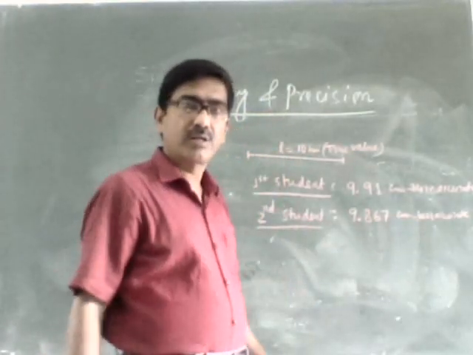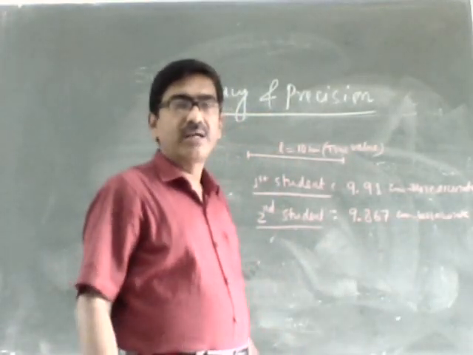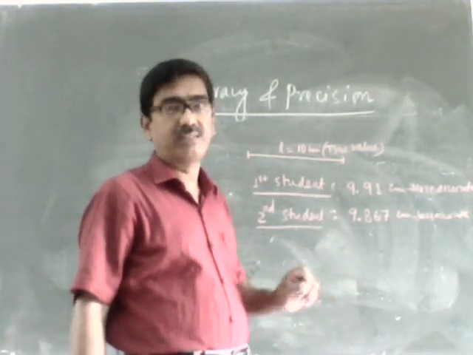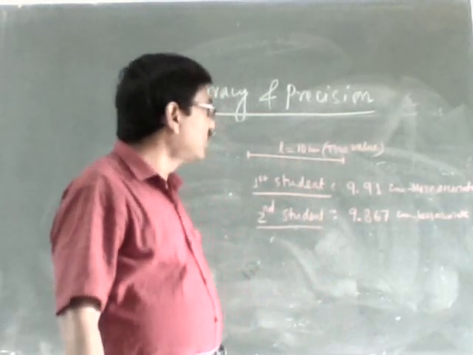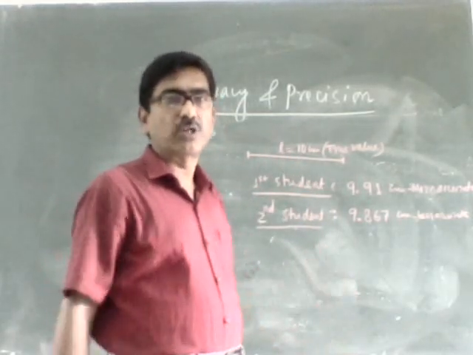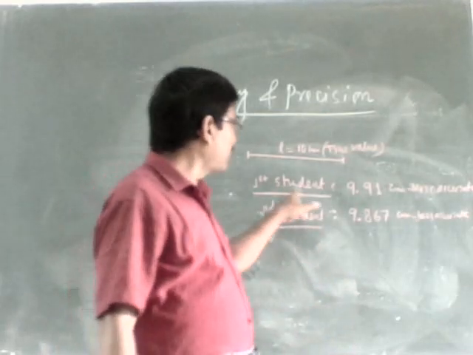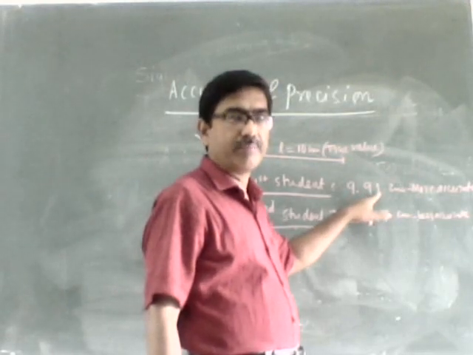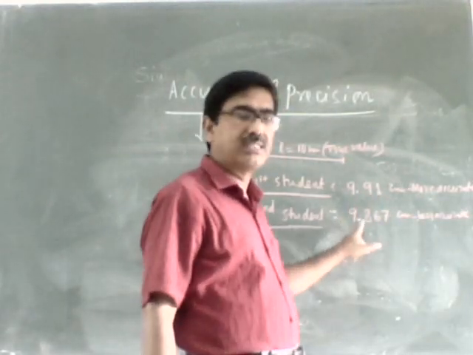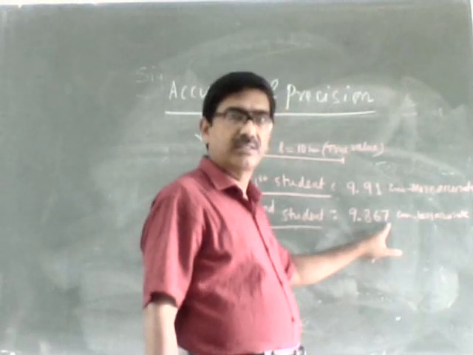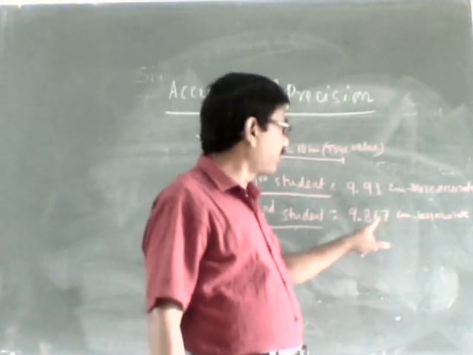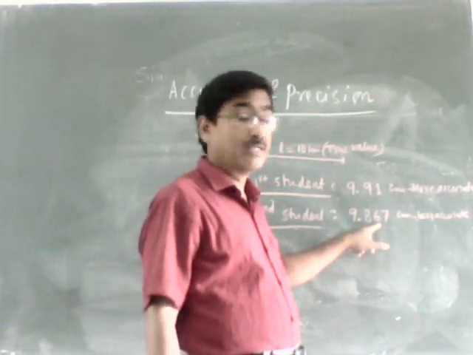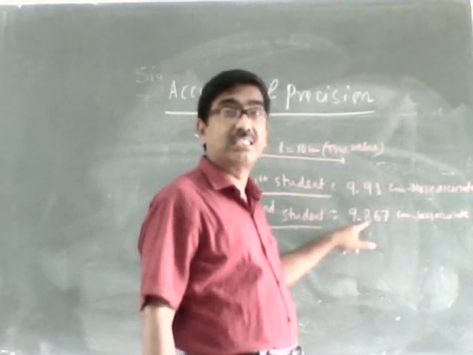But how is precision defined? Up to what limit a physical quantity is measured. It also depends on the device, as I told you. The first student measured up to 2 digits after the decimal, whereas the second student measured up to 3 digits after the decimal.